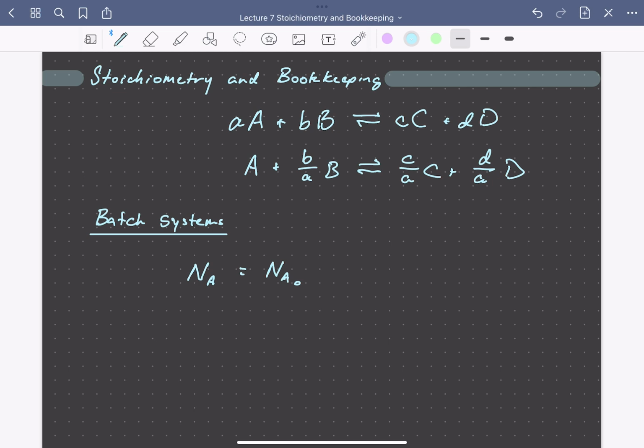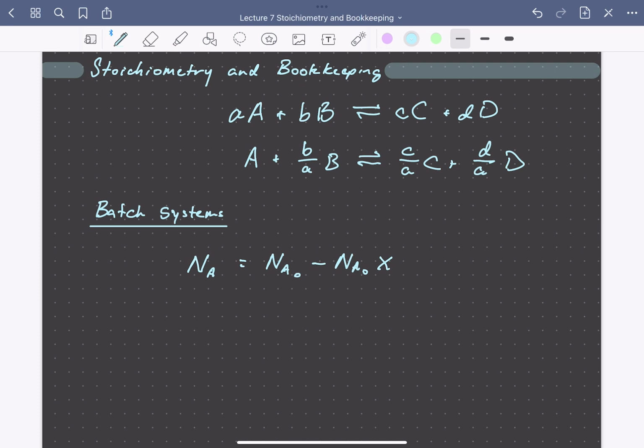Now we could further break down the number of moles reacted into the number of moles of A fed at time equals 0 times the number of moles reacted per mole of A fed. Now that last term is just the definition of conversion. So we can write this as the number of moles of A fed at time equals 0 times the conversion, which tells us per mole of A that we put into the reactor, how many react.